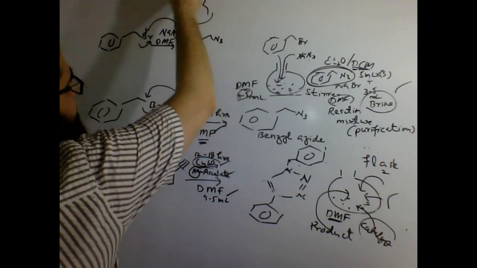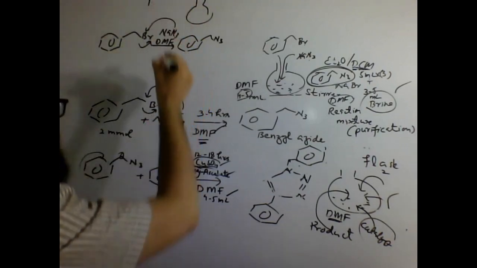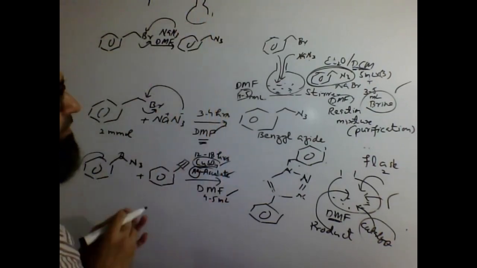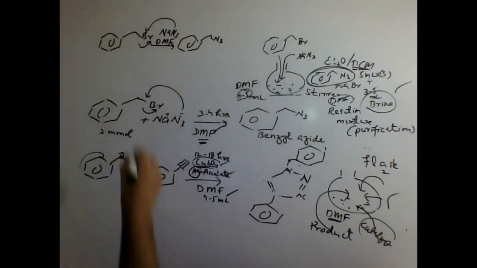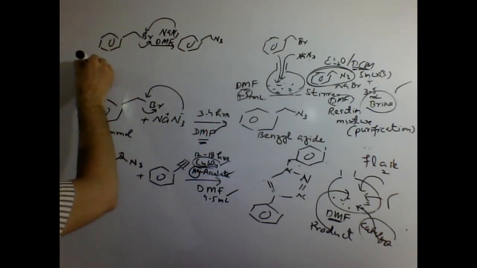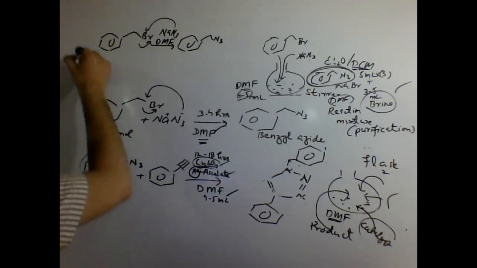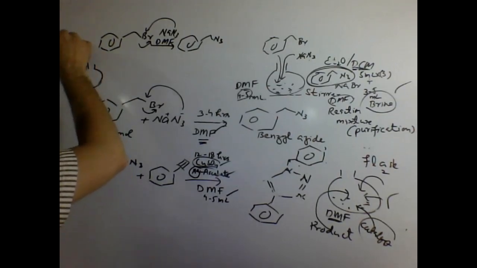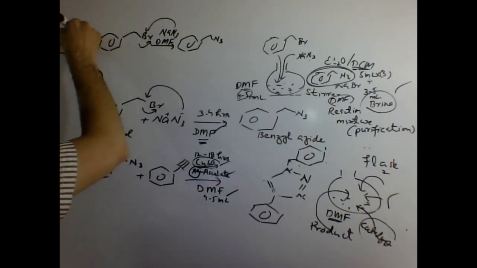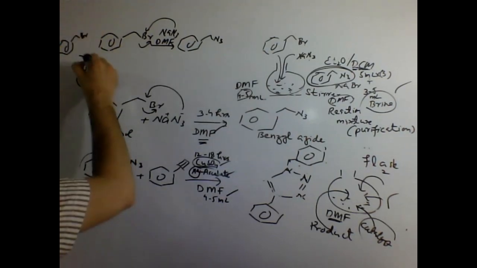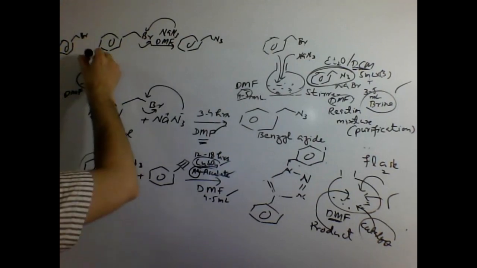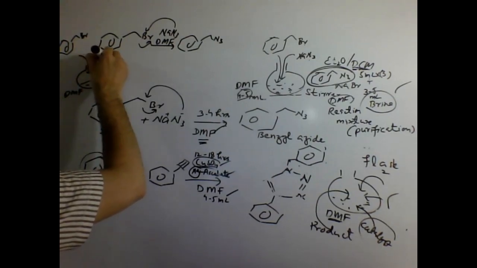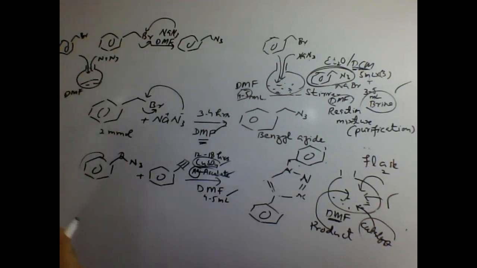They put in benzyl bromide. Can you see that or no? It's going to be a bit higher. So they took one flask, put benzyl bromide into it, had DMF in it, and then they added sodium azide and let the reaction run.